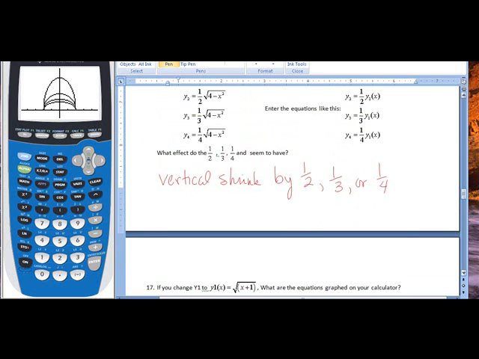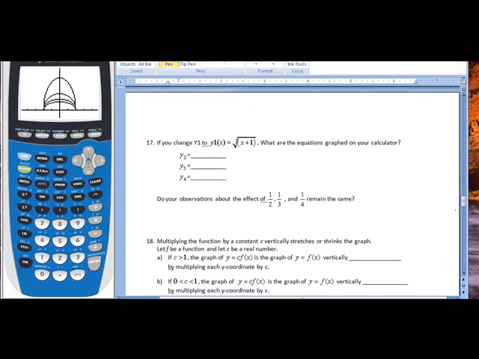So we want to check and see if we have the same relationship if we change our first function to the square root of x plus 1. So there's the square root of x plus 1, and then 1/2 times the square root of x plus 1, 1/3 times the square root of x plus 1, and 1/4 times the square root of x plus 1.